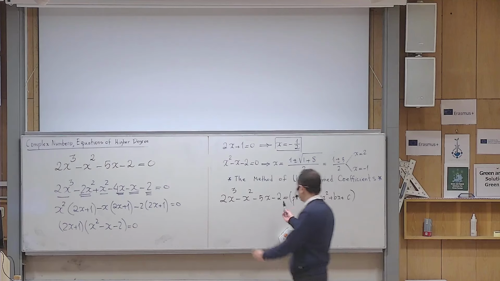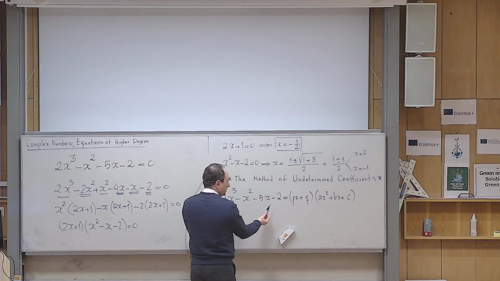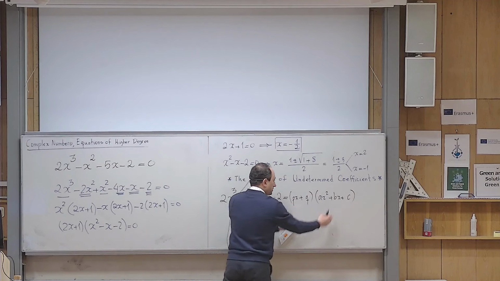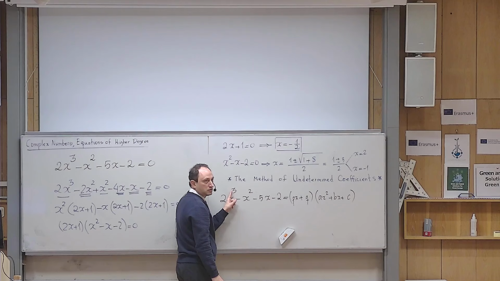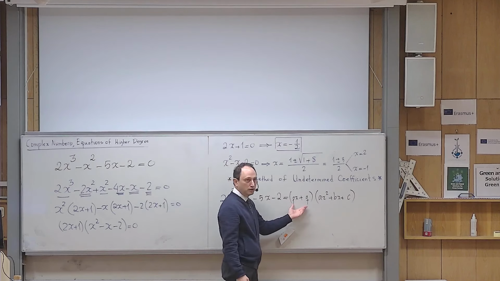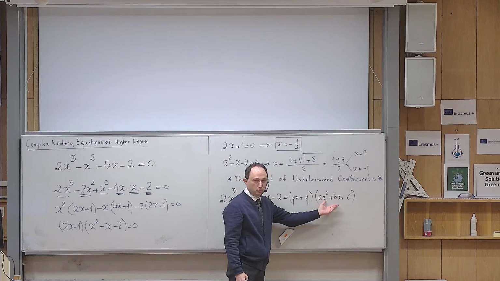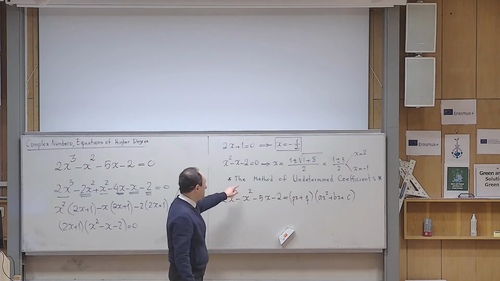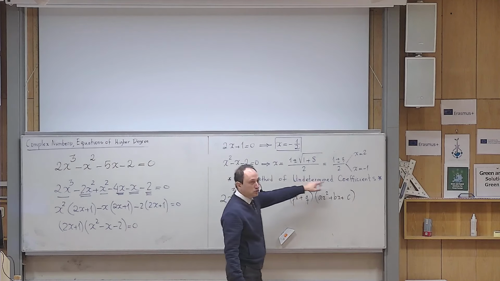If it is possible to factorize this, then of course I should be able to write it as the product of two polynomials. But the degree of the product should be exactly 3. So one possible thing is that I multiply a degree 1 polynomial by a degree 2 polynomial. So in total, I have a degree 3 polynomial. And this is the method of undetermined coefficients.